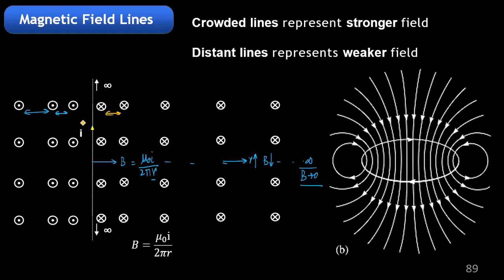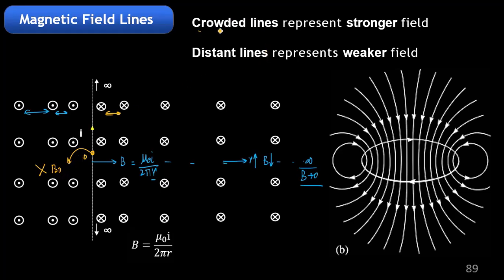If I put myself on the wire, if O is a point which is on the wire, then for point 2, I cannot define B. B at point 2 is not defined, because if I put r equals 0, B is infinite. So I cannot define the magnetic field on the wire itself.